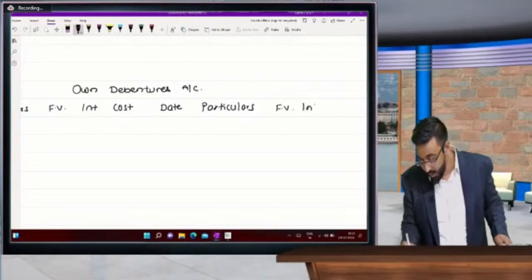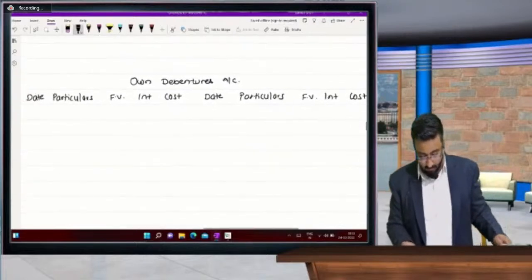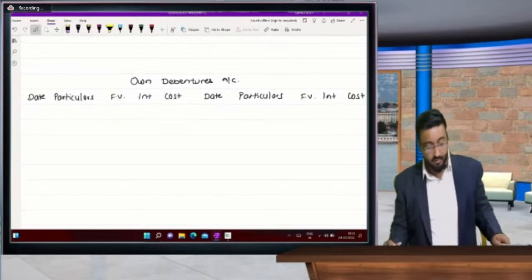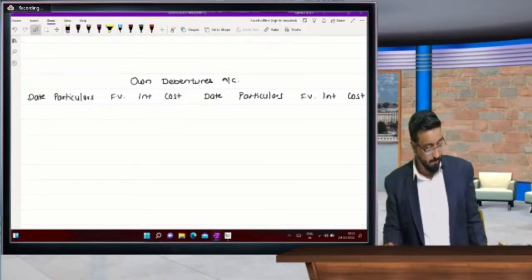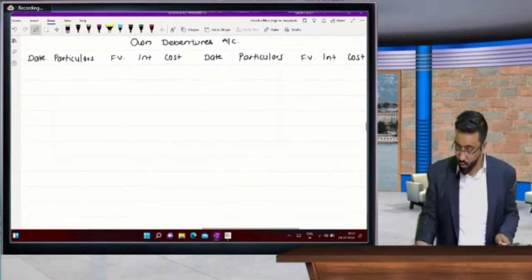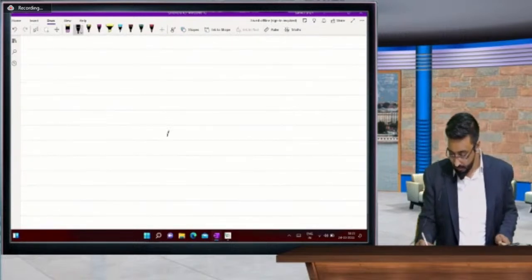You can take it on 2 pages. Ten lines. If you want, you can take it on 2 pages. And last, after 10 lines, interest account.